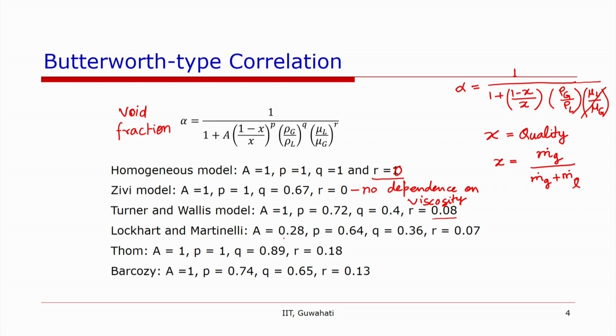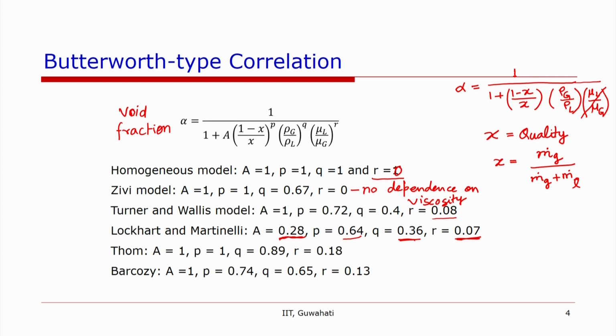Lockhart-Martinelli correlation, A is, unlike other three correlations, A is 0.28 here, and as you see other two correlations later also have value of A is equal to 1. So out of all this, only Lockhart-Martinelli correlation has A is equal to 0.28, P is equal to 0.64 and Q is equal to 0.36, R is equal to 0.07.